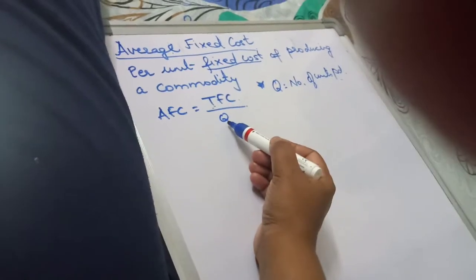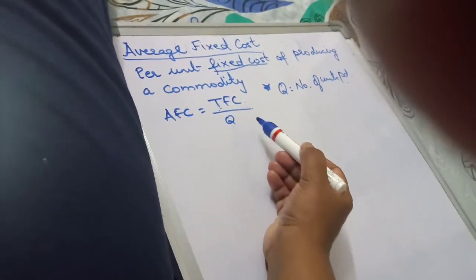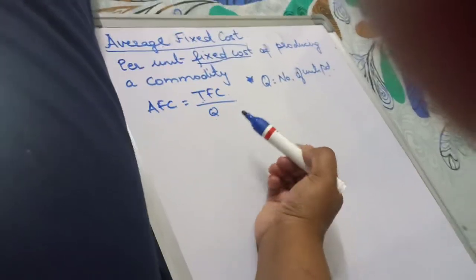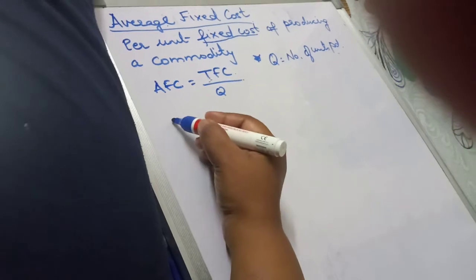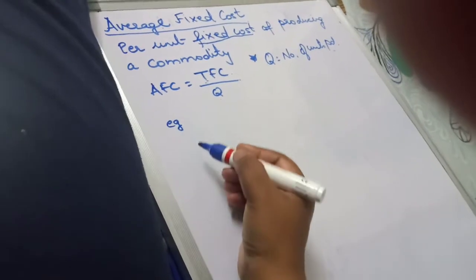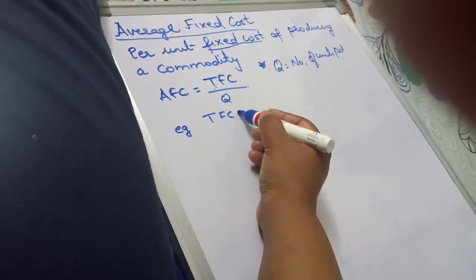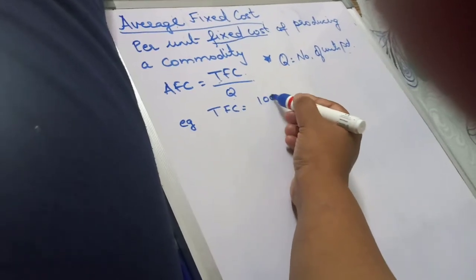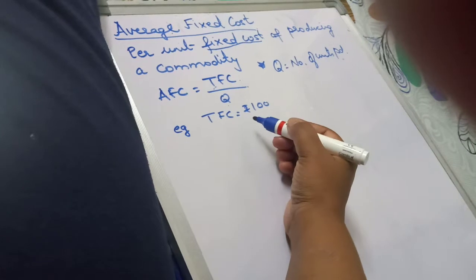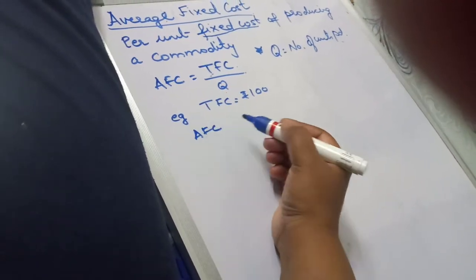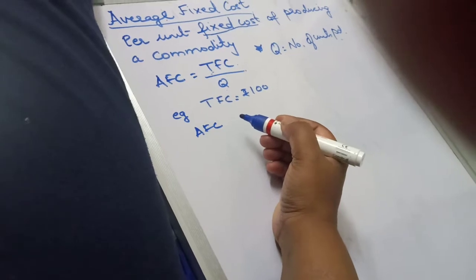And this Q, as you increase the production, is going to increase. So we'll just take an example. Let's imagine that TFC is 100 rupees, and you need to calculate average fixed cost at each subsequent unit of production.